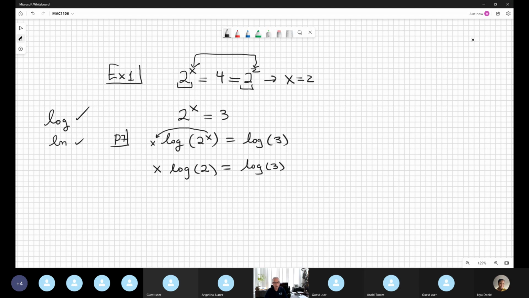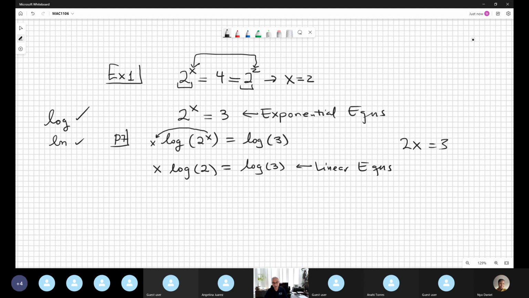Unbelievable, but this equation is not exponential anymore. This was an exponential equation, but this is not an exponential equation. This is a linear equation.